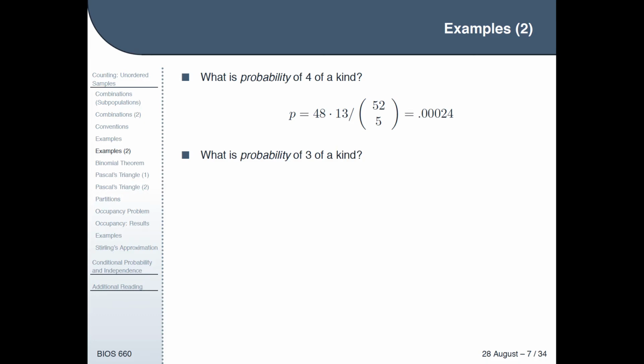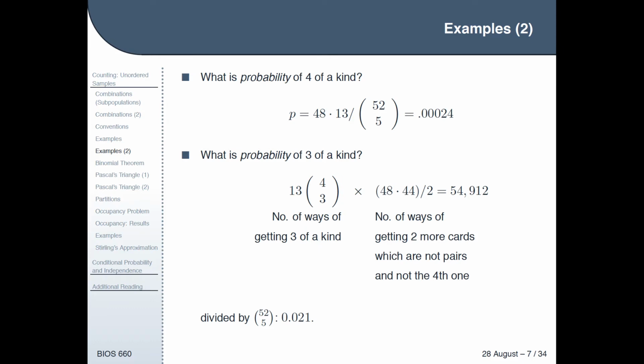Now let's say we want to compute the probability of getting 3 of a kind. That's even a bit more complicated. First of all, we need to compute the number of different ways that you can get 3 of a kind. So there are, once again, for the 3 of a kind, 13 possible cards, so your 3 of a kind can be in aces, 2s, 3s, up to 10s, up to kings.